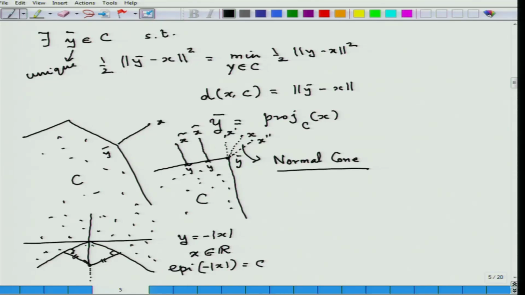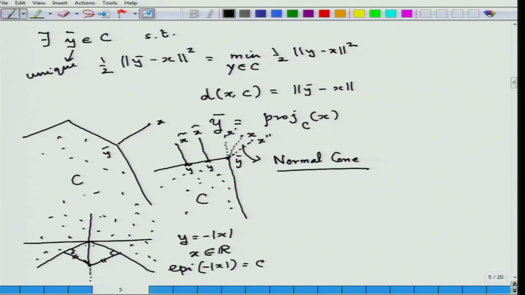If this is 45, this is 45, this is 45, it means this is an isosceles triangle, this is an isosceles triangle. So, this is equal to this is equal to this, and so I have this side equal to this side.